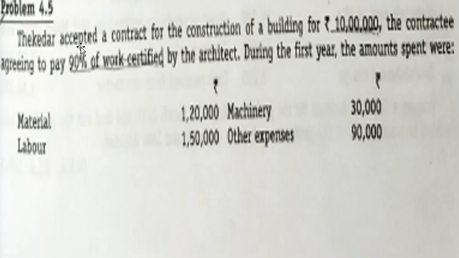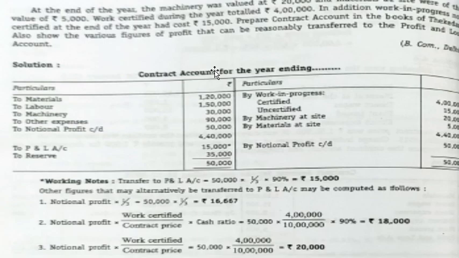So here they have clearly stated Tickter accepted a contract for the construction of a building of rupees 10 lakh. The contractee agrees to pay 90% of the work certified by the architect. In this problem they have given us work certified during the year, which is 4 lakh.